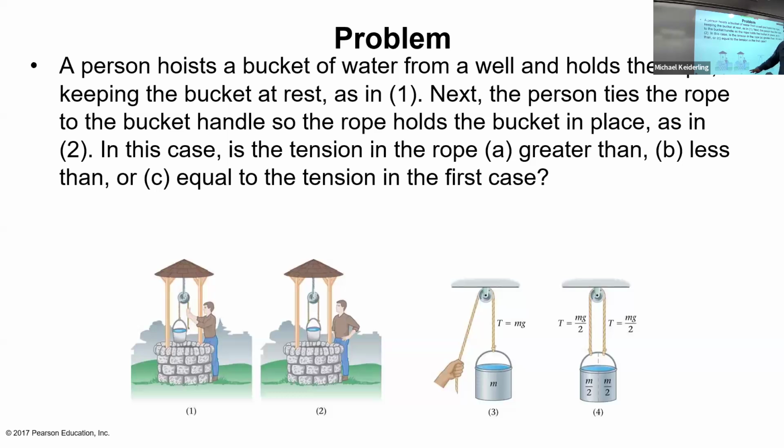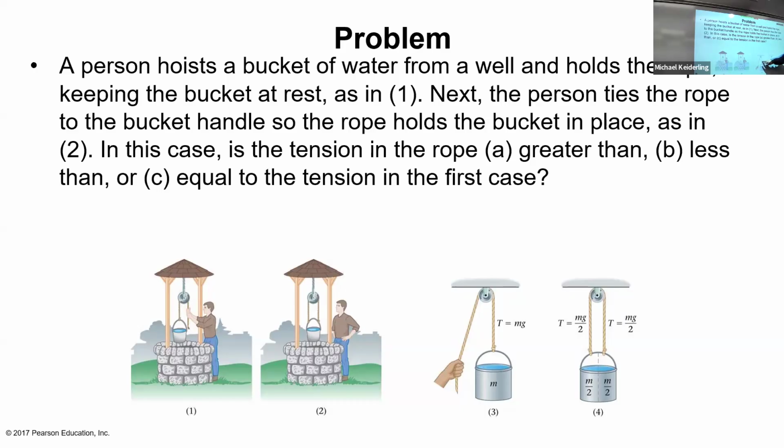Not seeing any hands. Who thinks the tension here in this rope will be the same as the tension here in this rope? Think it'll be the same? Okay. Who thinks the tension here will be less than the tension here? I see some less. So this is sort of how you can work it out.